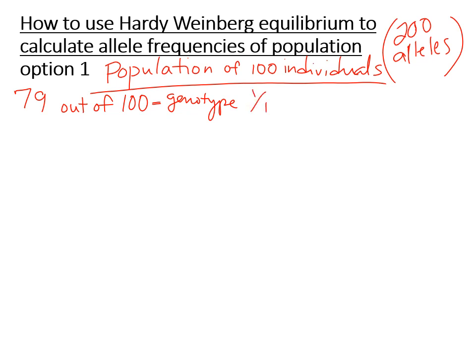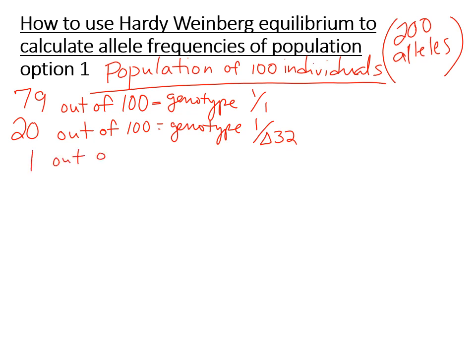This is actually a real genotype I'm going to use for this example. 20 out of 100 have the genotype called 1, delta 32, and only 1 out of 100 has the genotype delta 32, delta 32.